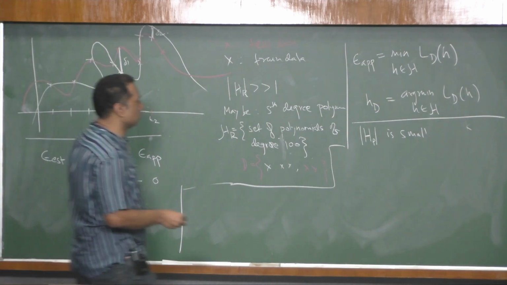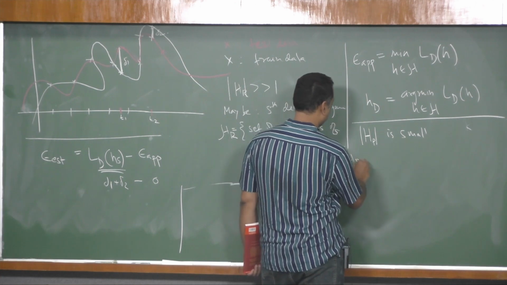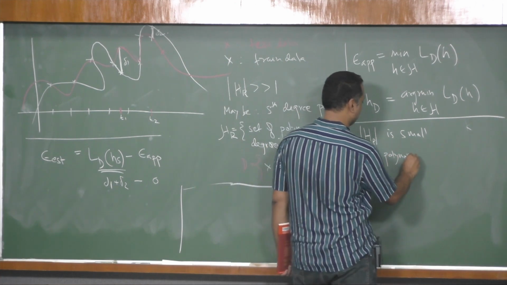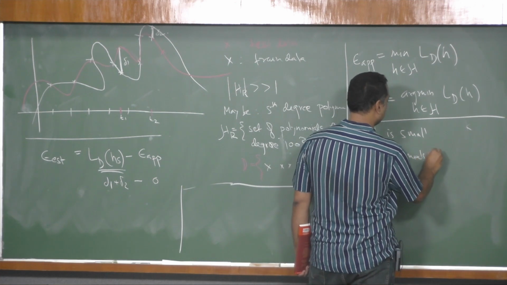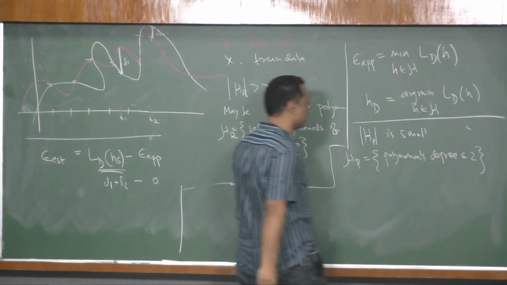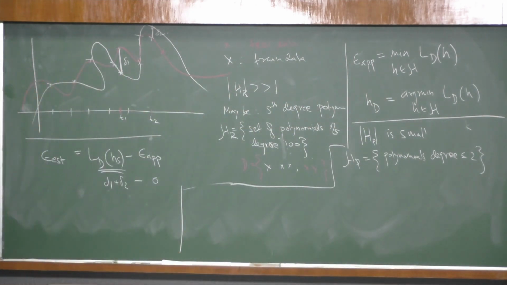So let us say H_P is polynomials of degree less than or equal to 2. So at most quadratic I'm allowing. If I allow only quadratic, then let us first see the approximation error.